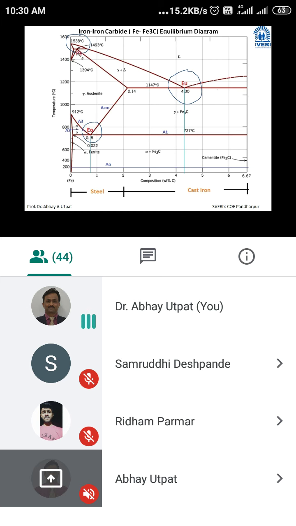And definition of eutectic, I told you, the composition at which the two elements melt at lowest temperature. So pure iron melts at 1539. Pure carbon has higher melting point again. But if you add 4.3% of carbon in iron, that system shows lowest melting point, that is 1147.